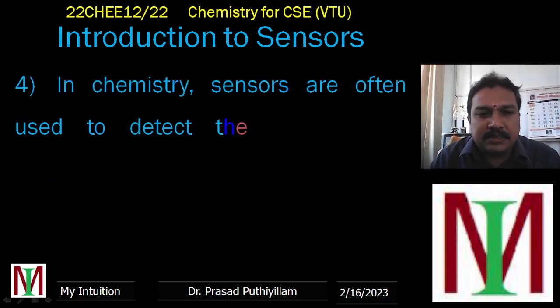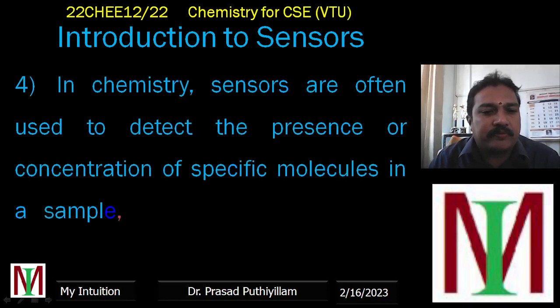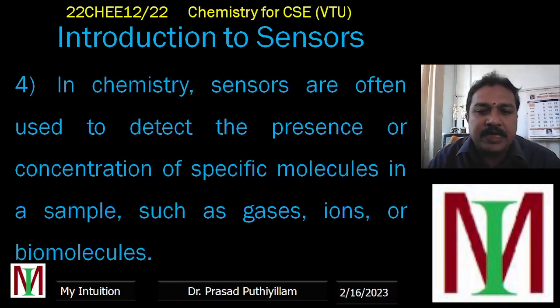In chemistry, sensors are often used to detect the presence or concentration of specific molecules in a sample, such as gases, ions, or biomolecules. So chemistry people in their research and development wing or in chemistry related industries use sensors mainly for calculation or identification of a chemical compound.